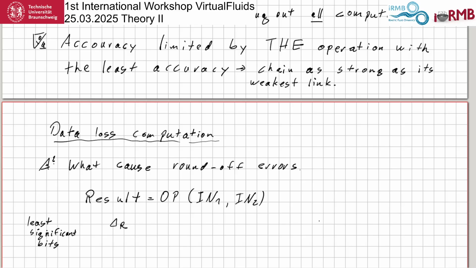Here we have the one of the result, and here we have the ones that go in. And now let us assume, because we are talking about addition and multiplication, which are symmetric, so we can always choose that the larger one is the first one and the smaller one is the second one. Assume without loss of generality that delta 1 is larger than delta 2.